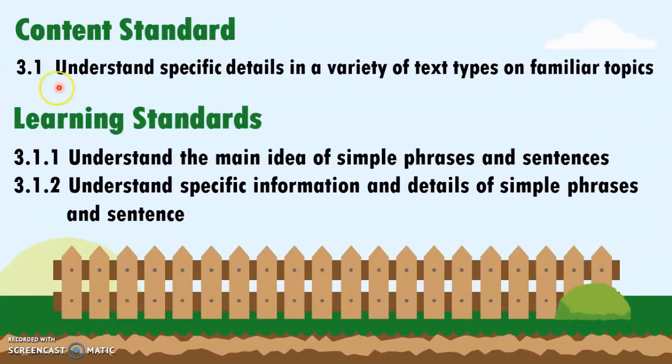Content Standards 3.1: Understand specific details in a variety of text types on familiar topics. Learning Standards 3.1.1: Understand the main idea of simple phrases and sentences. 3.1.2: Understand specific information and details of simple phrases and sentences.